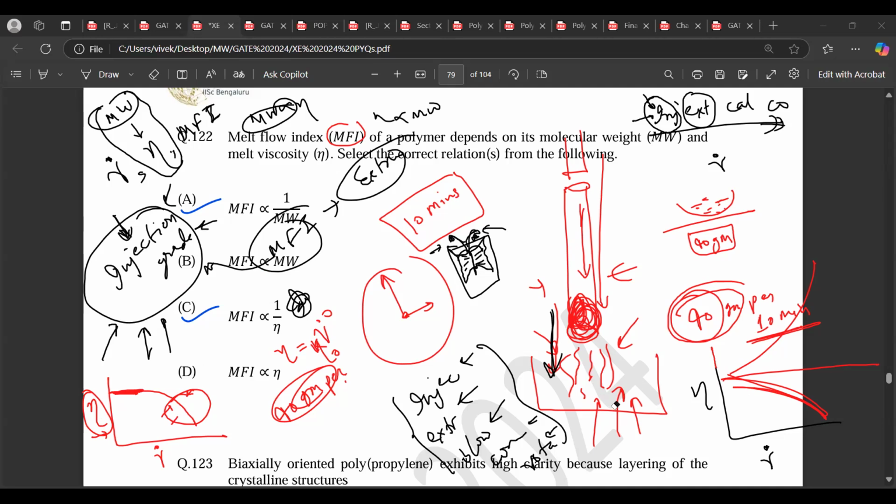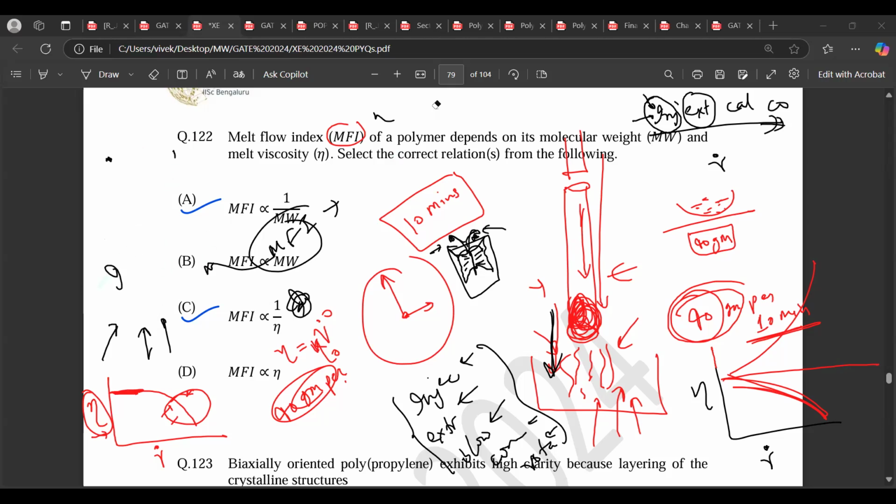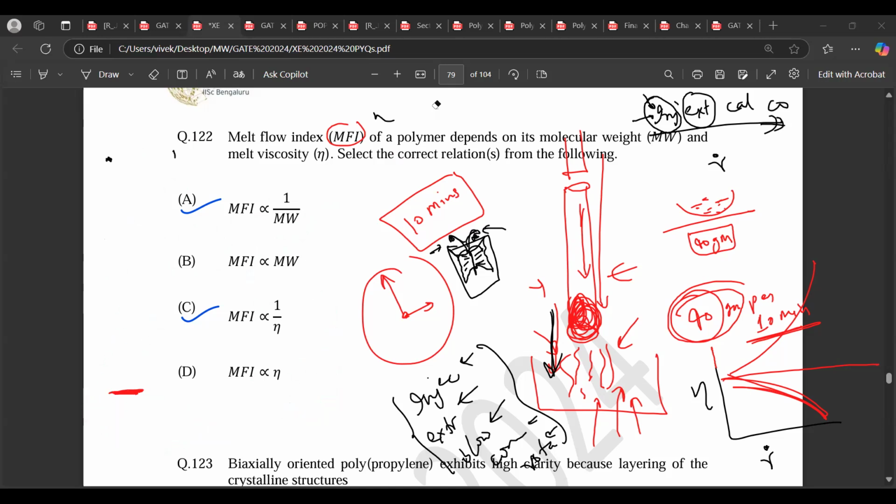So why am I telling this? Because I want you to feel the flow behavior that is required for different processing techniques, so that you can solve the questions on shear rate, viscosity, MFI, molecular weight. All the questions are interrelated, you don't need to learn them separately, okay? So you can grade the polymer, whether it is injection grade or extrusion grade. What is the requirement for being injection grade?